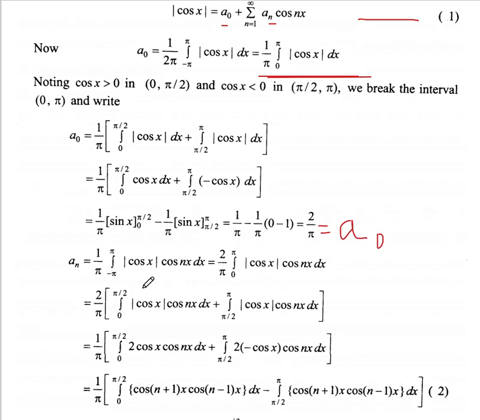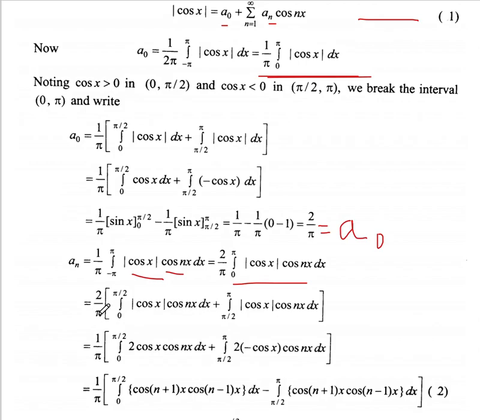Here cos x is an even function and cos nx is also an even function. The product of even functions always becomes an even function. Therefore this integral can be written as 2 times the integral from 0 to pi of mod cos x cos nx. Now we will split this integral into 0 to pi by 2 and pi by 2 to pi.